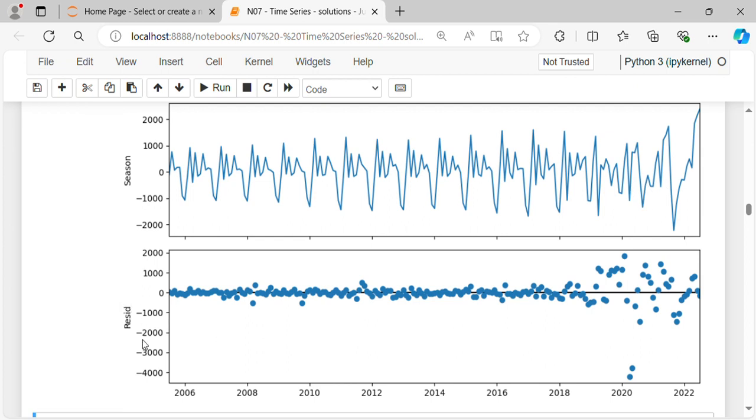And the residual. So residual is similar. That is the estimated number of passengers, and the difference between the estimated number of passengers from the model and the observed number of passengers.